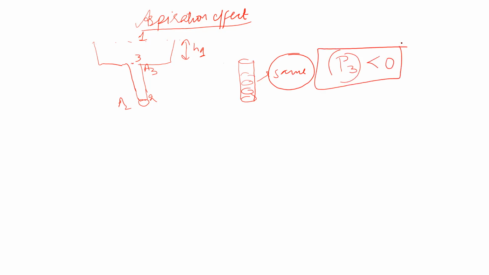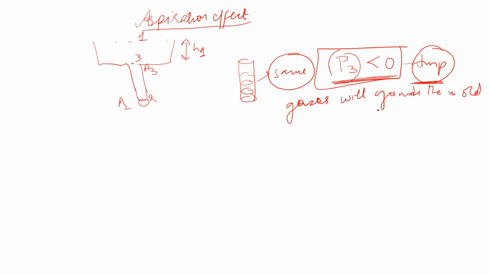When the pressure is less than atmospheric pressure, definitely the gases will go inside. Gases will have the tendency to go inside the mold and become part of the mold cavity, right?